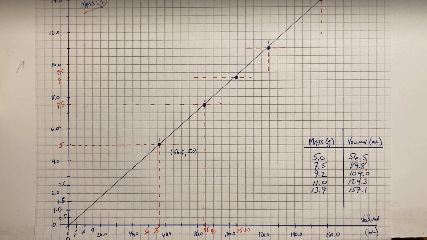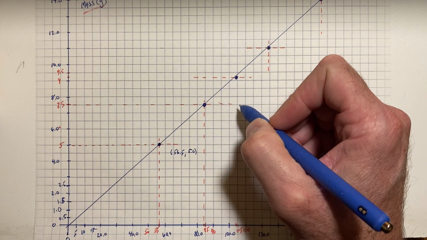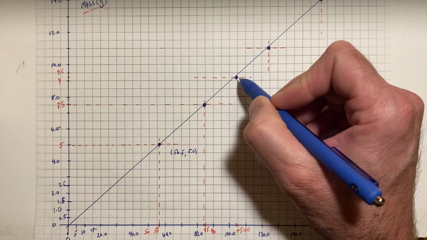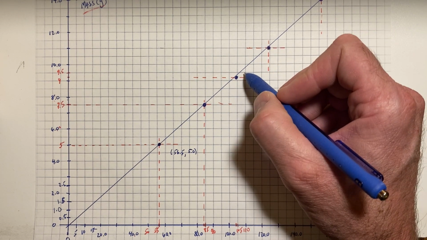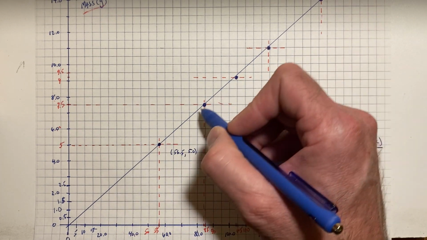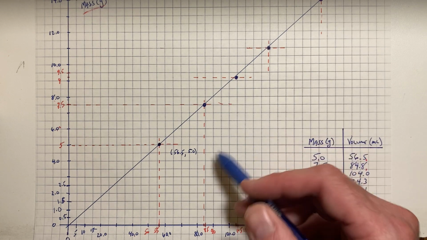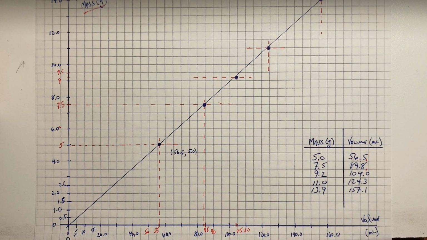This looks like a pretty good line there. I've got 1 point that's below the line, and 2 points that are above the line. So I probably could have done a little bit better job, and brought this line a little bit lower. But for the most part, the 5 points actually fit on one line.